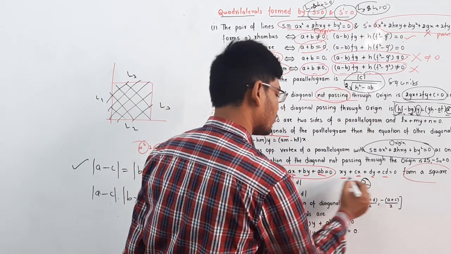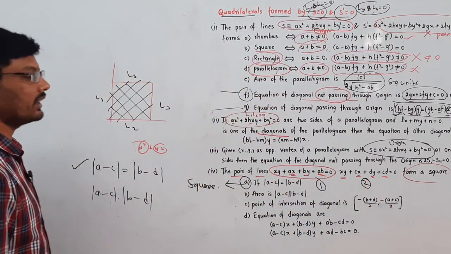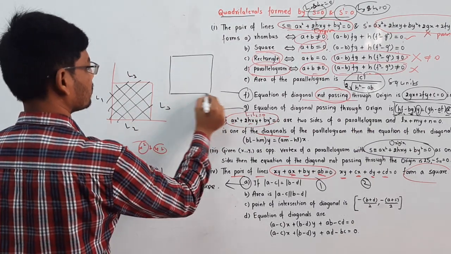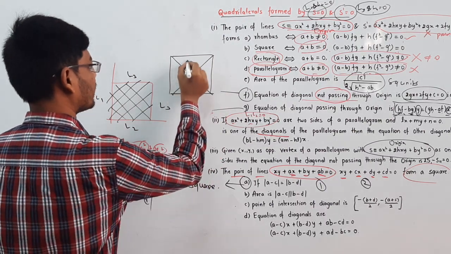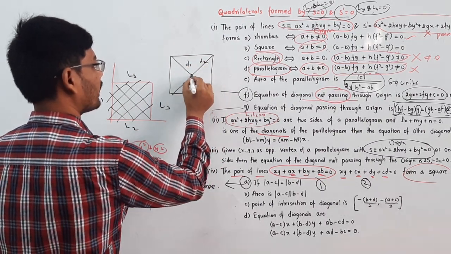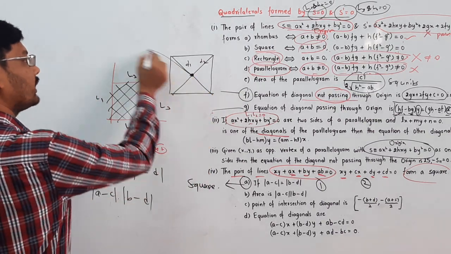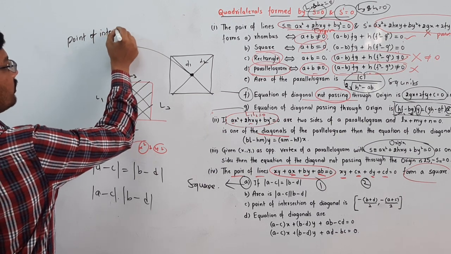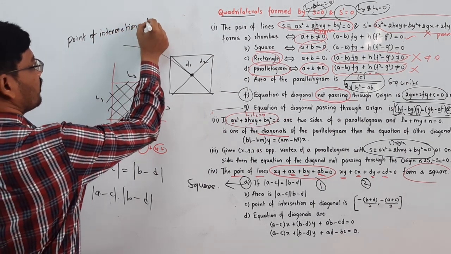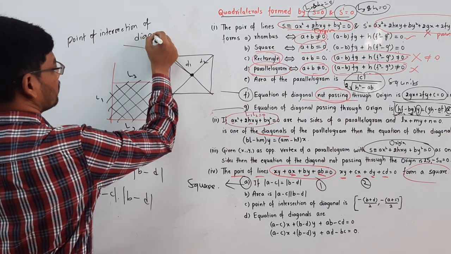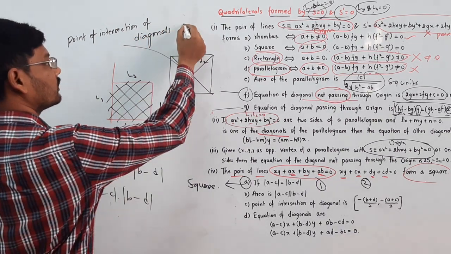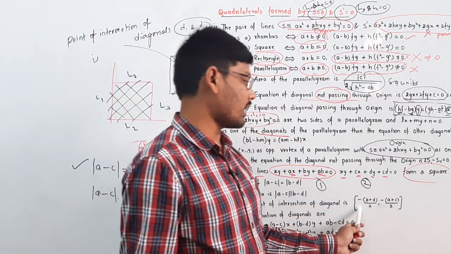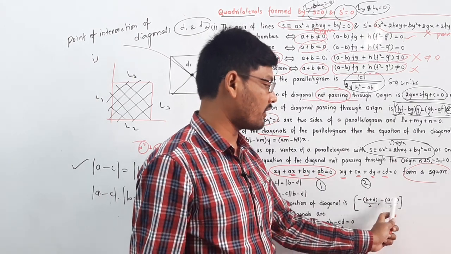This is the first pair of straight lines here, and this is the second pair of straight lines. Now the point of intersection of diagonals. Here this is the square, this is one diagonal d1 and this is d2. The point of intersection of diagonals d1 and d2 is minus of b plus d by 2 comma minus of a plus c by 2.